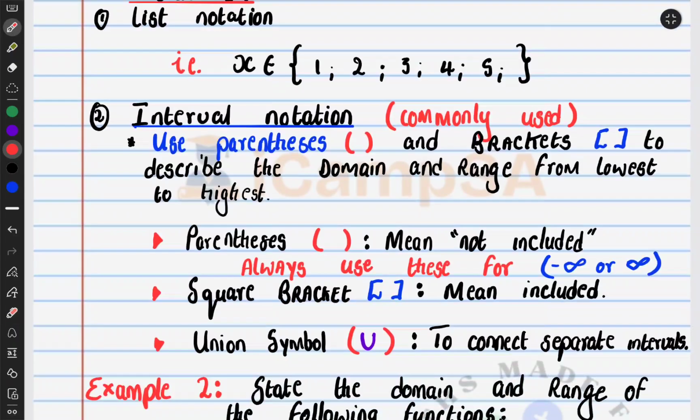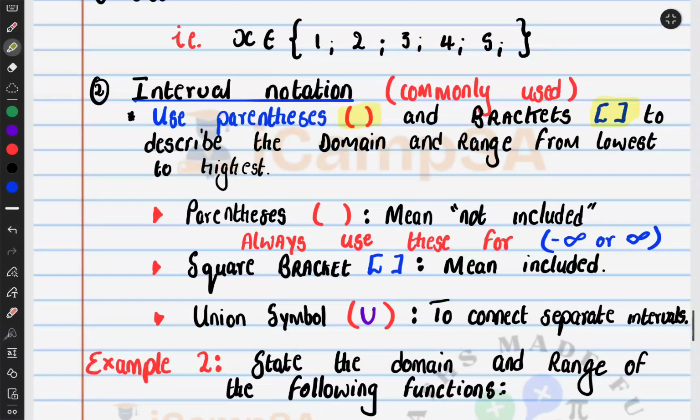A few things you have to know about interval notation: we use parentheses and brackets. They represent different things. The parentheses show that the value we put there, maybe negative infinity or 0, is not included in our function.